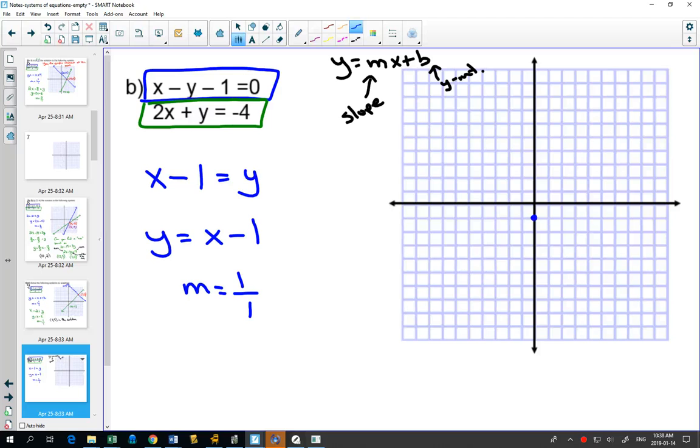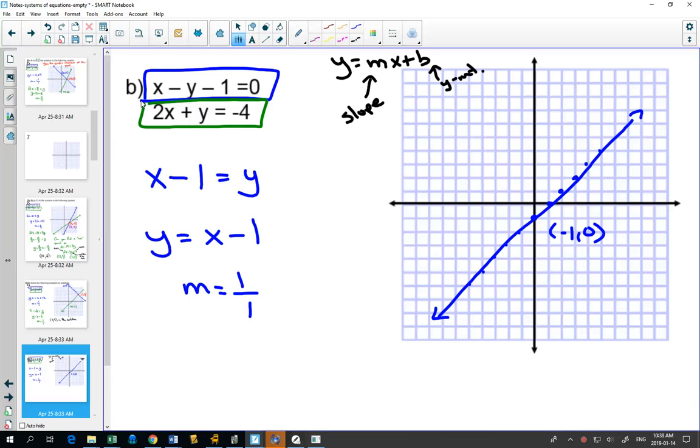So I can label that y-intercept on my graph as negative 1 comma 0. And using rise over run, I have a positive slope, up 1 over 1, up 1 over 1, rise over run over and over again, and get a bunch of points. And I can draw my blue line.